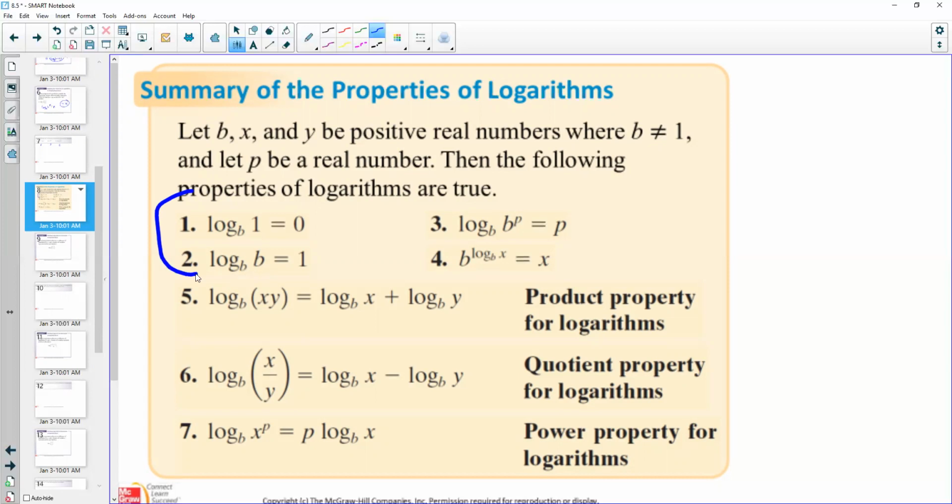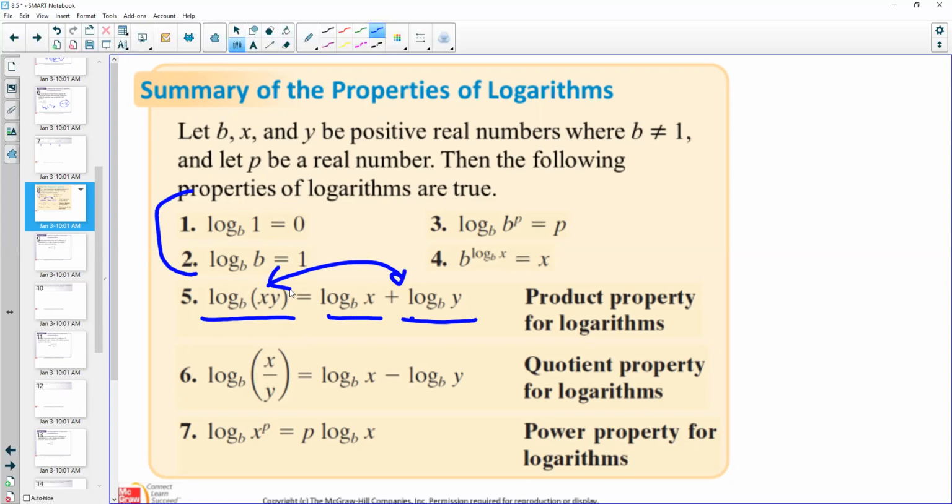So what the first one says is if I have log base b of x times y, I can break it up into log base b of x plus log base b of y. As long as the base is the same in both places, multiplication implies that I'm adding the logs. I can take logs that are added and turn it into one log with multiplication. I can go either direction.